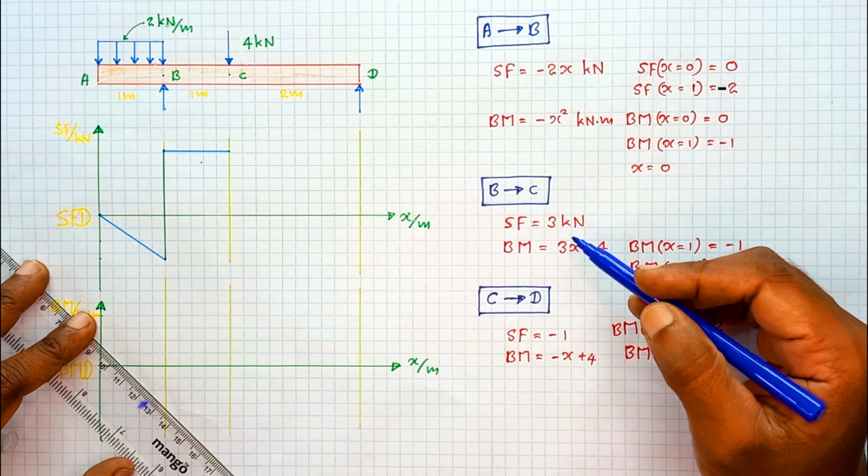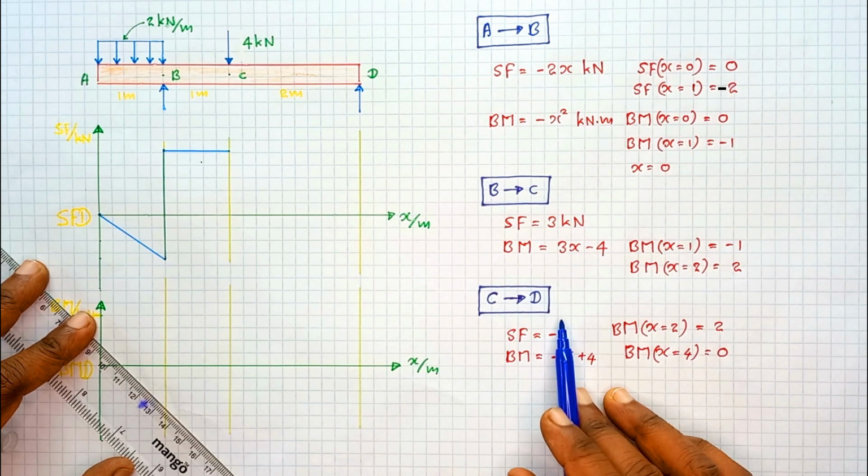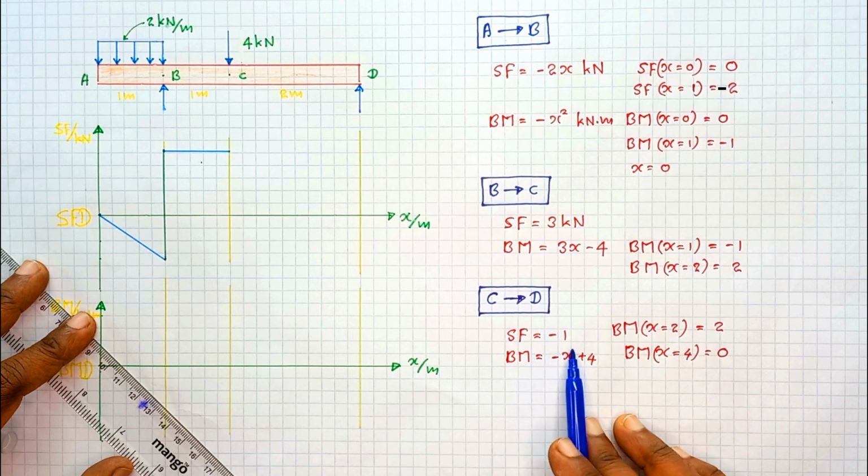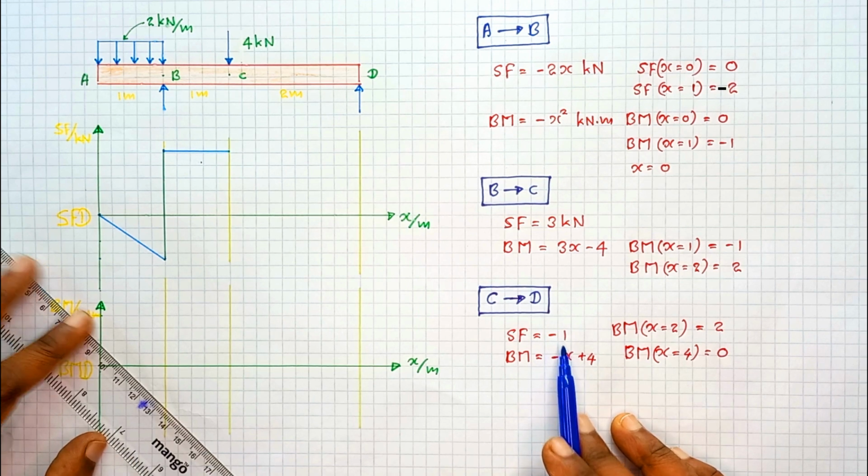So then C to D region, how shear force varies, that is equal to minus 1.